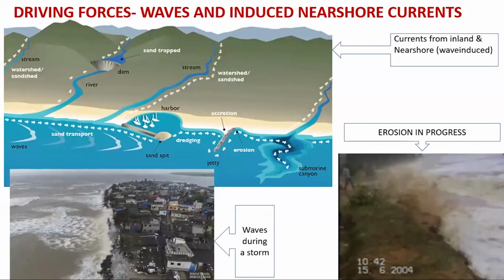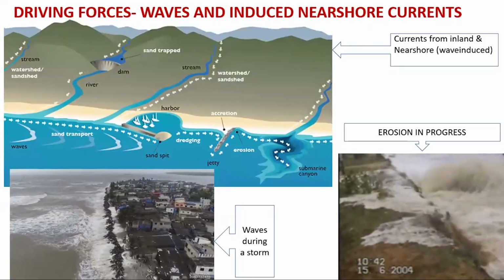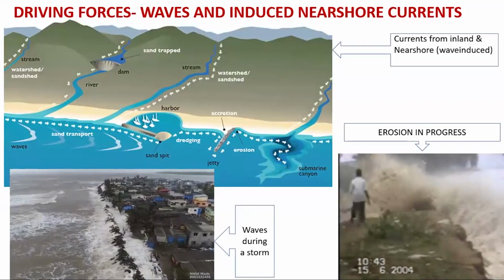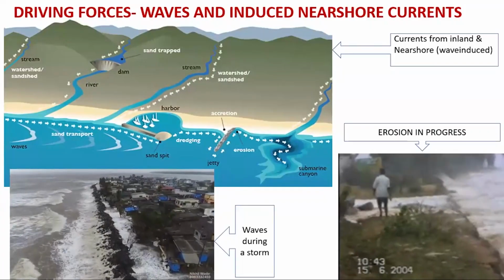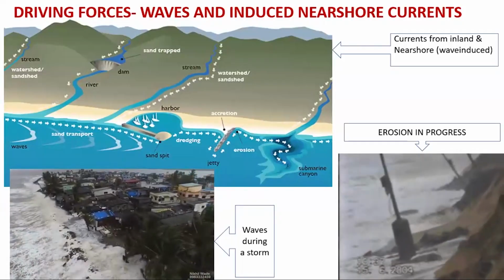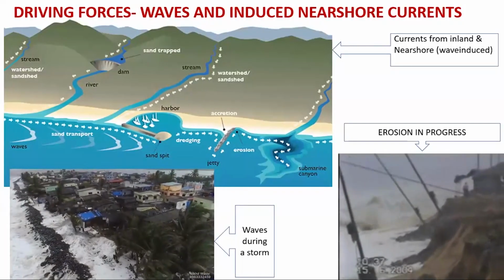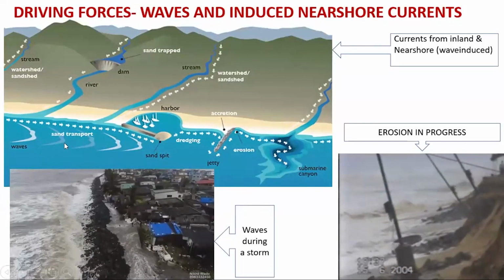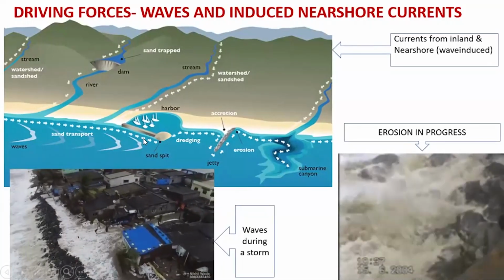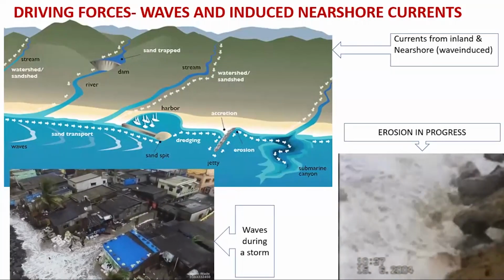So if you look at the driving forces, instead of going into the mathematical equations, formulas, etc., I just show you this picture, which is almost self-explanatory. You have the currents from the inland as well as the wave-induced nearshore currents. The wave-induced nearshore currents are going to drive the sediments that are coming in suspension.